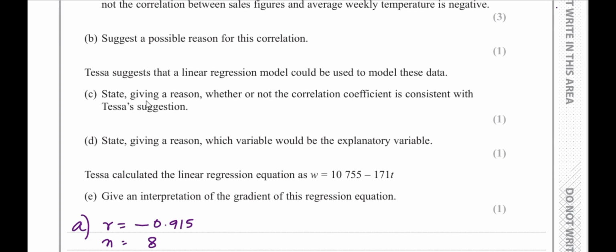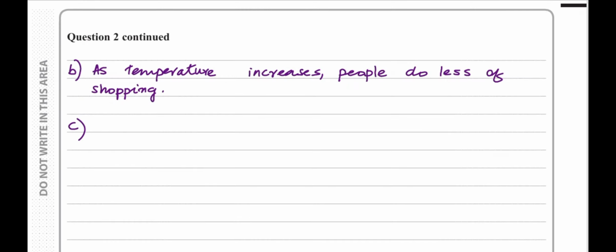Part C. Tessa suggests that a linear regression model could be used to model these data. State, giving a reason, whether or not the correlation coefficient is consistent with Tessa's suggestion. The product moment correlation coefficient actually measures how closely the data points fall around a straight line. If r is -1 or close to it, it means it's a line sloping down.